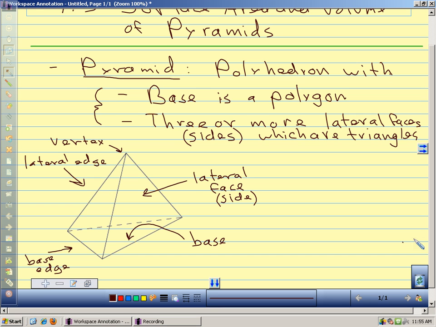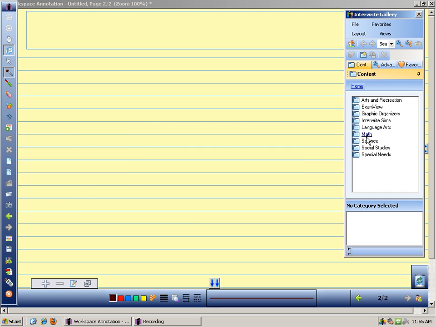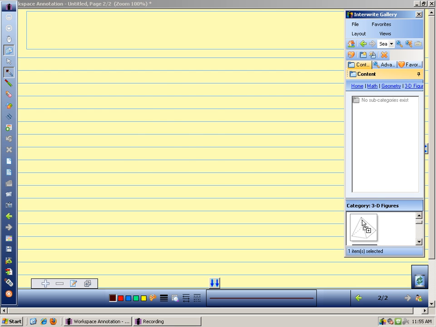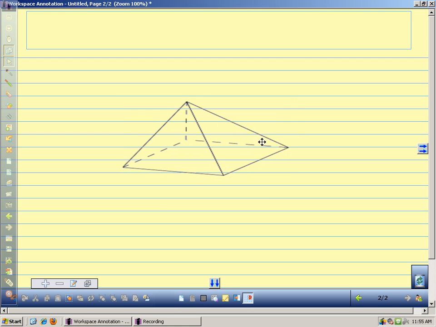There's one other important part of a pyramid that we need to know to use our formula. So let's draw another picture, and I want to make it bigger so we can label the parts nicely. We'll use a square pyramid this time, just to make it a little easier to see, and we'll make this nice and big.